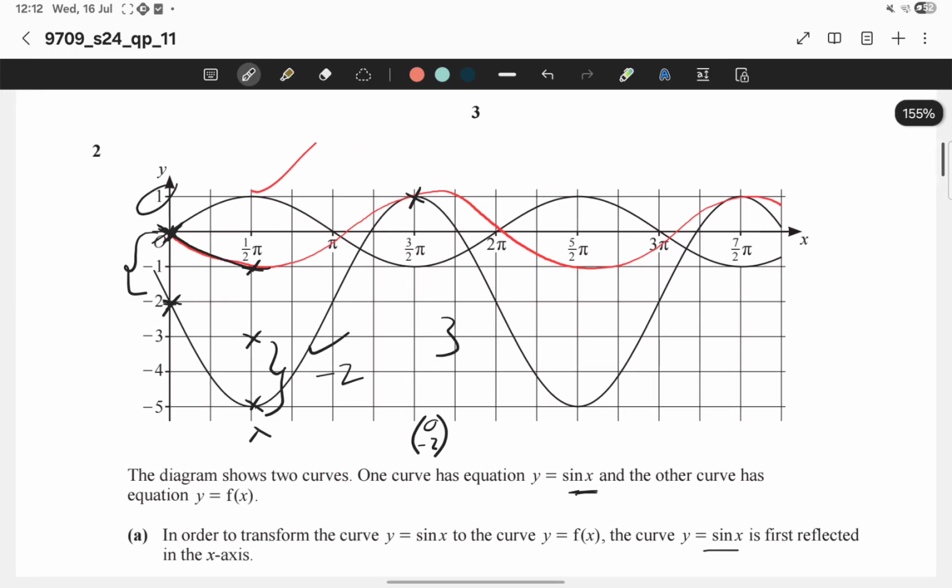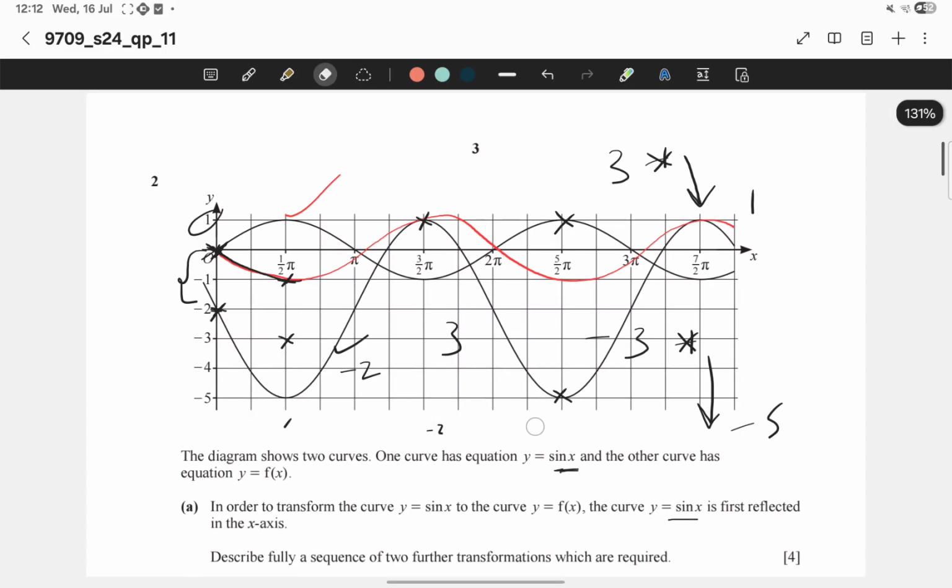If I multiply 1 by 3, I go to 3, and -1 by 3, I get down to -3, right? Then if I apply a translation by vector (0, -2), this will come down to 1, and this will go down to -5. As we can see here, it's at 1, and this is at -5. I hope I've made that clear. So let me check that again.